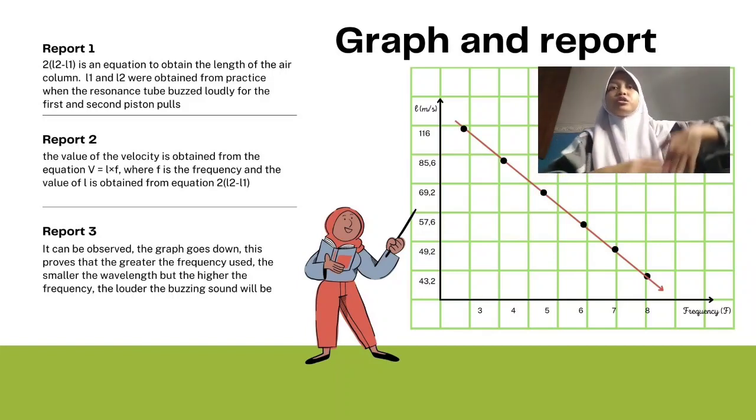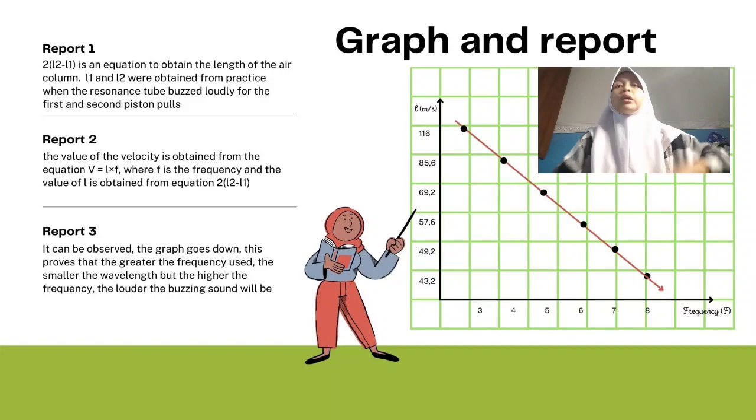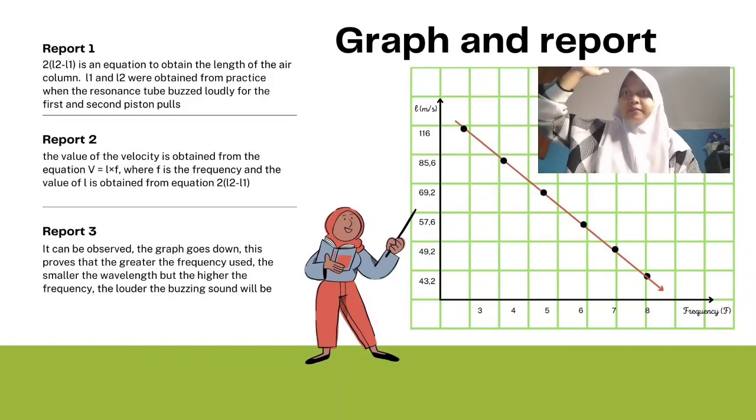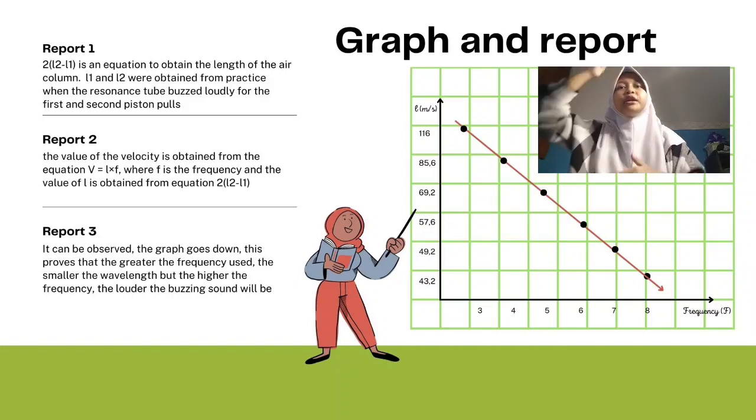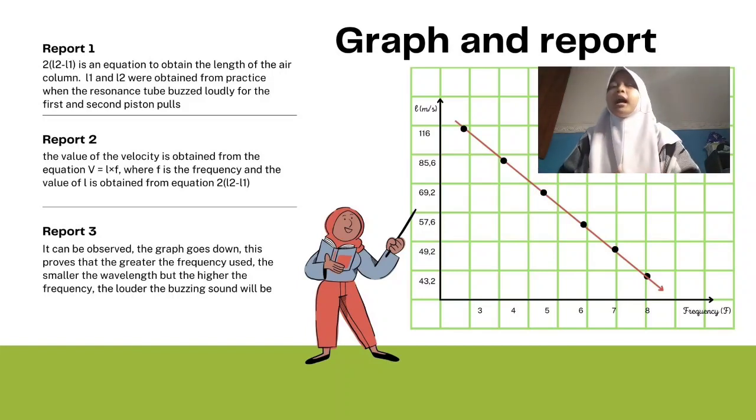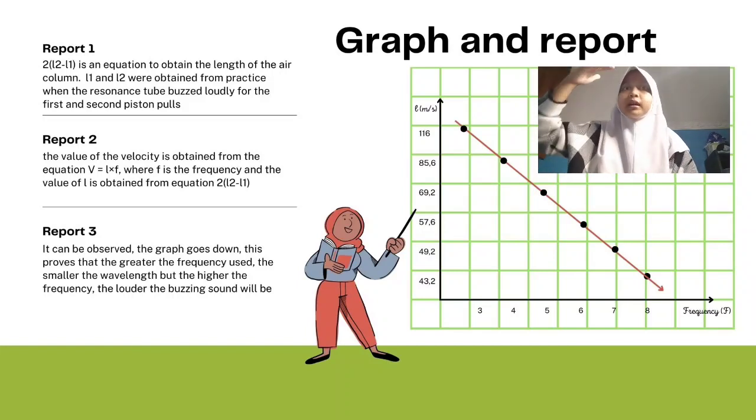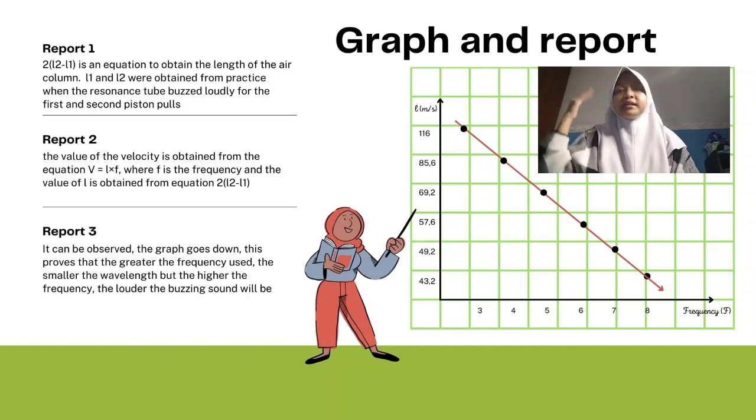The graph goes down. This proves that the greater the frequency used, the smaller the wavelength. But the higher the frequency, the louder the buzzing sound will be.